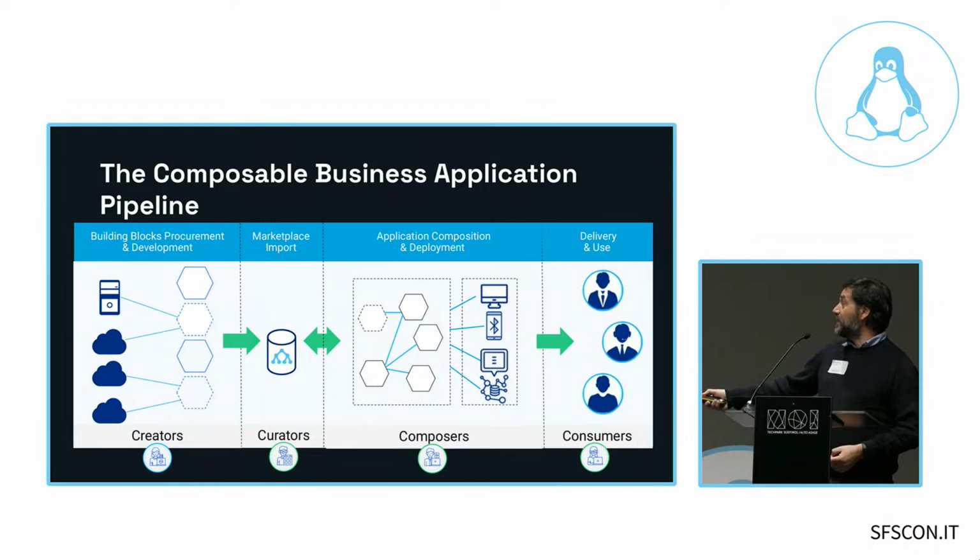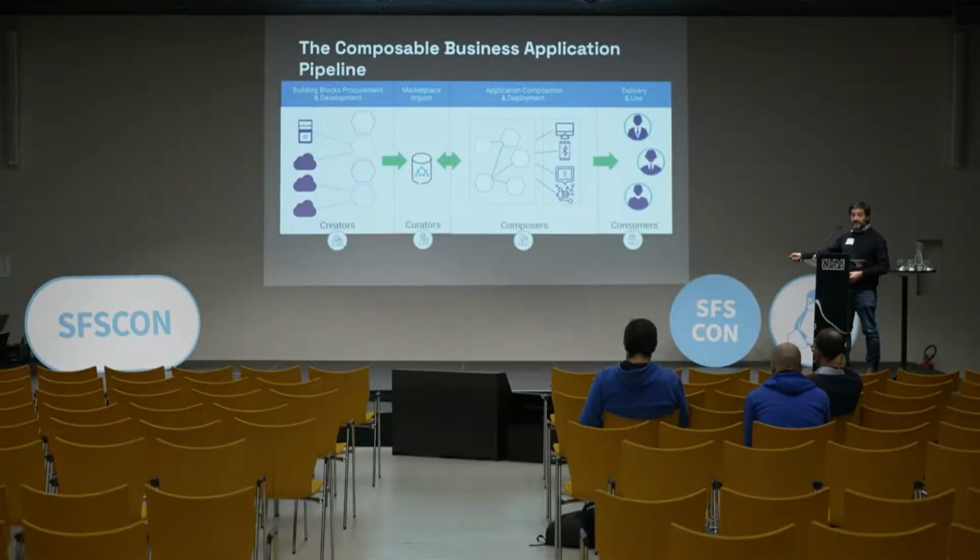Once you have a mini application defined, you can put them inside your marketplace. And when the task of assembling them is going to take place, you will need to find these elements. You need to discover these elements. And you need a lot of detail on that.